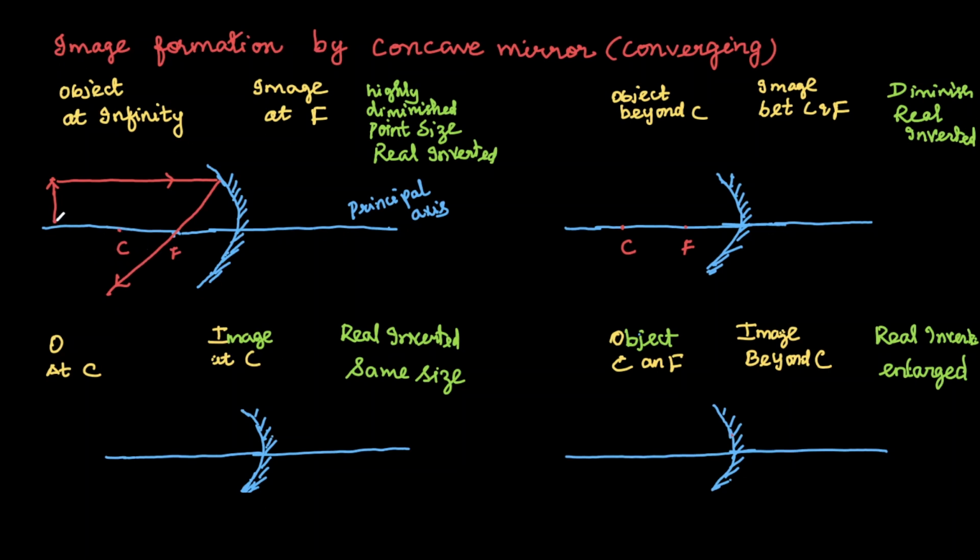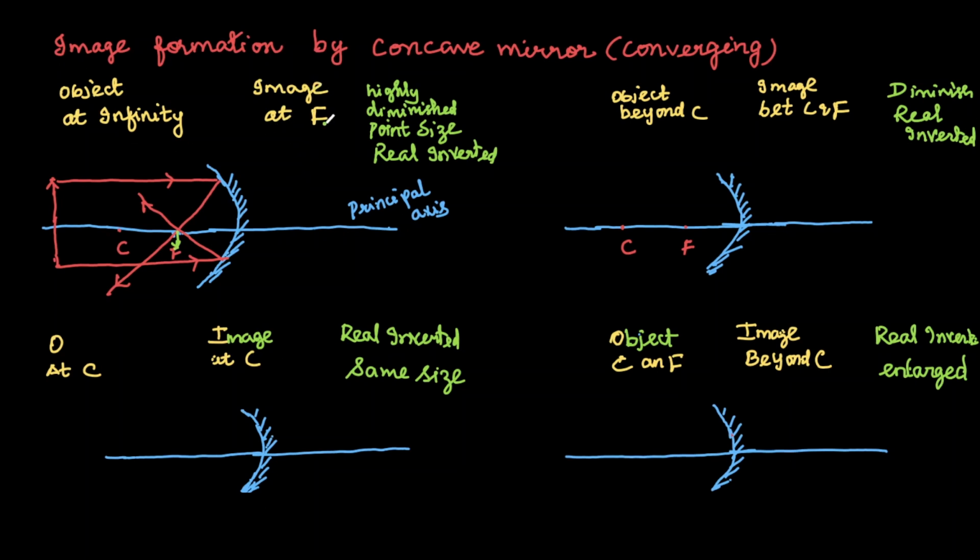I will draw one more light ray from the object, parallel to the principal axis. After reflection, it passes through the focus. So the image will be formed at the focus.